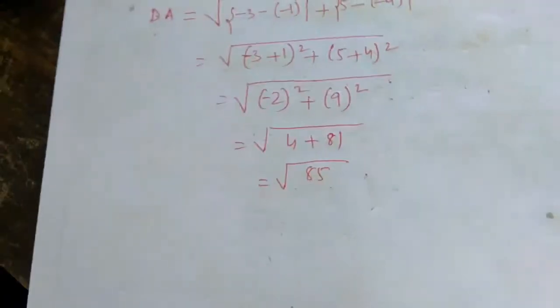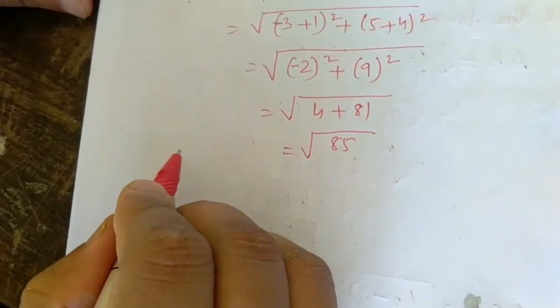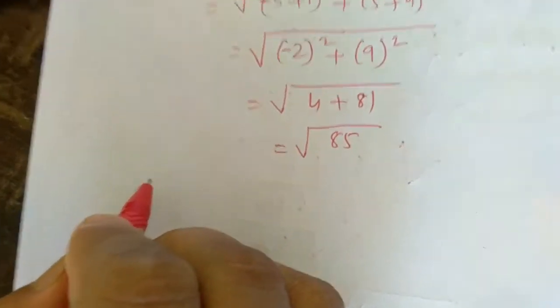Okay, look, here all the sides are not equal. Okay, here all the sides are not equal, so no need to find AC and BD.